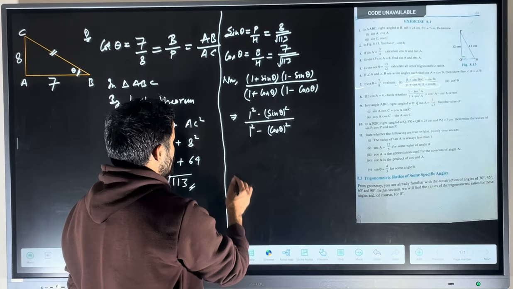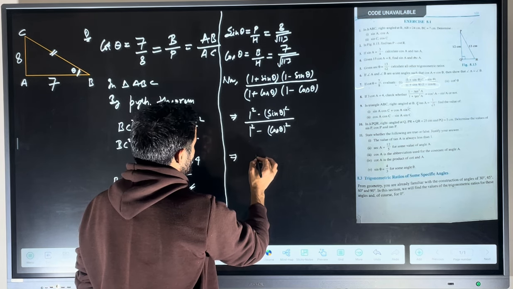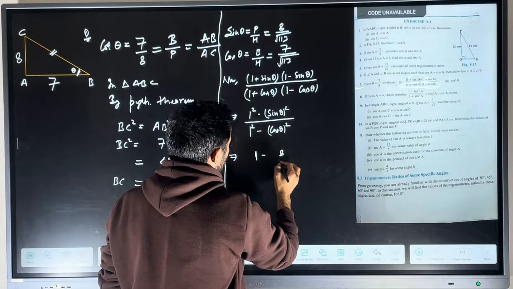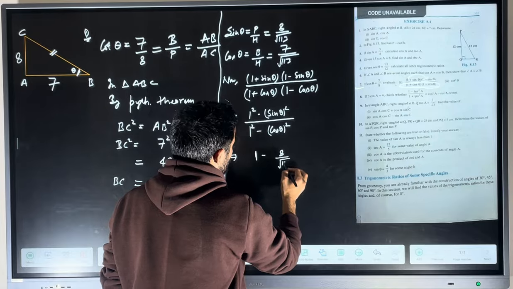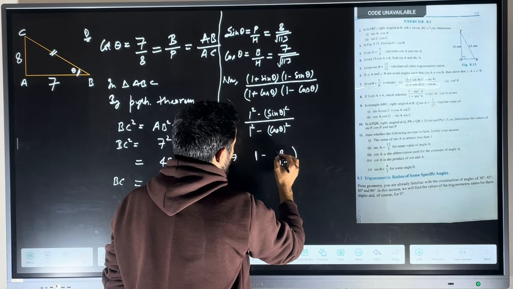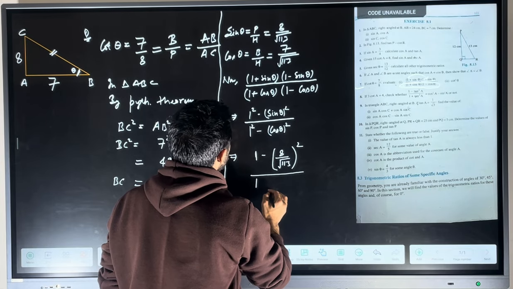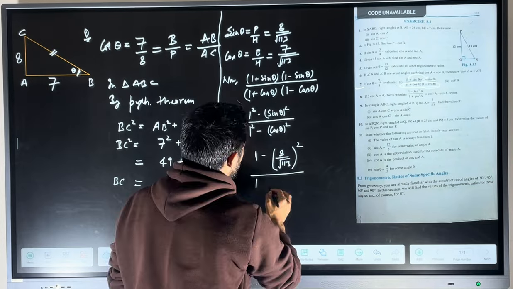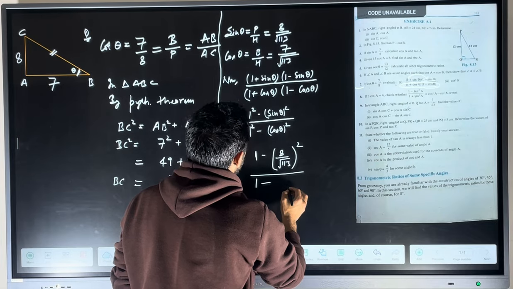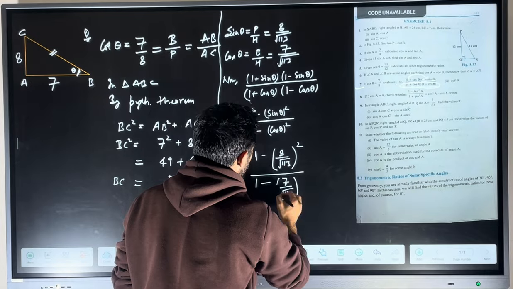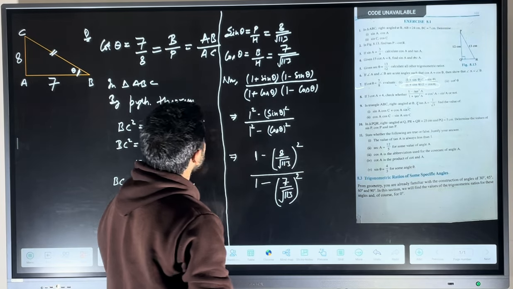So if you put the values here, 1 minus (8 upon under root 113) whole square, upon 1 minus (7 upon under root 113) whole square.